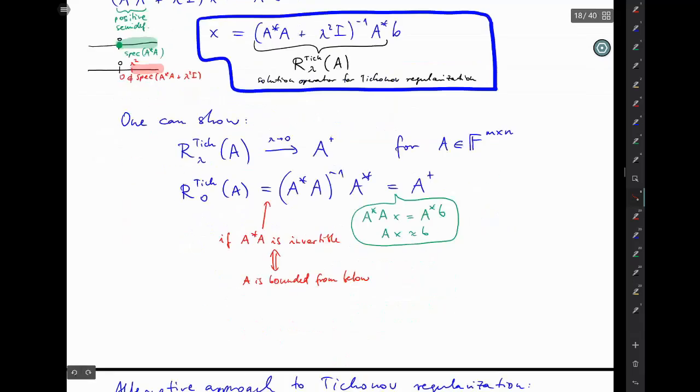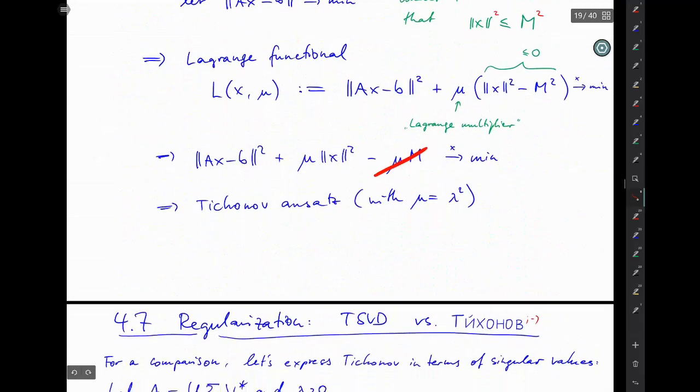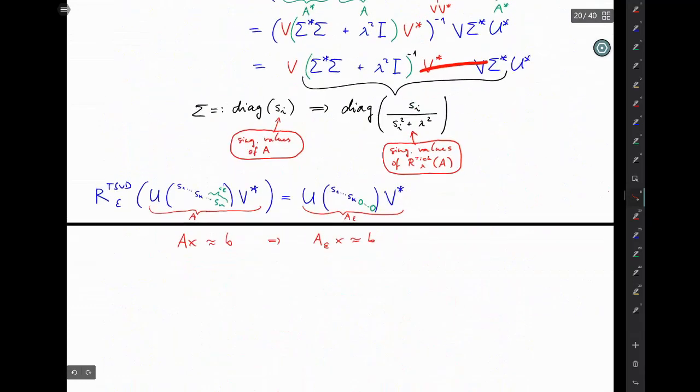Okay, but now here with TSVD, the situation is still a bit different because our TSVD regularization operator still is applied to X and produces B, so we have to take that the other way around. So your least square solution X here is the Moore-Penrose pseudo-inverse of A epsilon applied to the right hand side B, and now that's your solution operator. That takes your right hand side into your TSVD solution.